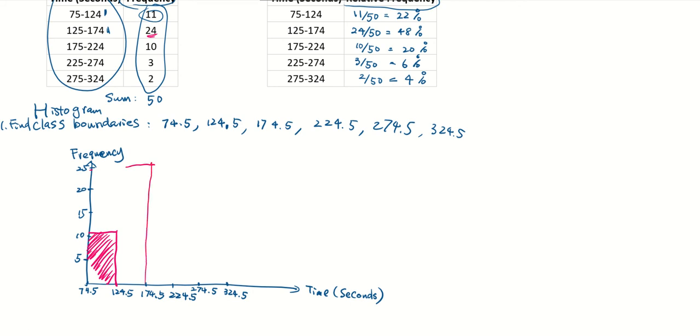So if you make a bar on it, it will look like this. Okay, third class frequency 10. Fourth class frequency 3, so let's around here. Fifth class, fifth frequency 2. Okay. So this is the histogram turned from the frequency distribution.